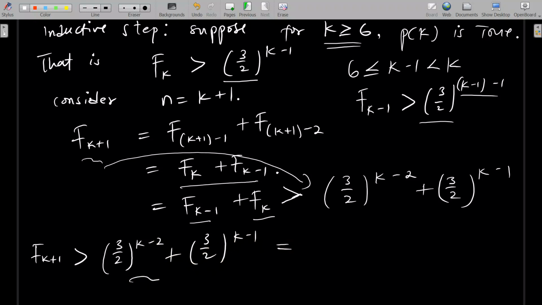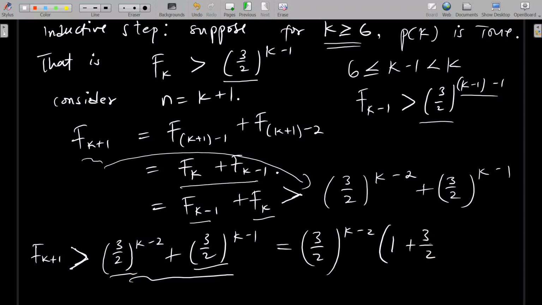Now this is already greater than, but this side is equal to, when I factor 3 over 2 to the power k minus 2 out, here I'm going to get 1, but here I'm going to get 3 over 2. So that when I multiply this guy here, it's going to give me this k minus 1 back, right? So I think it's simple algebra that I'm hoping you'll be able to do.